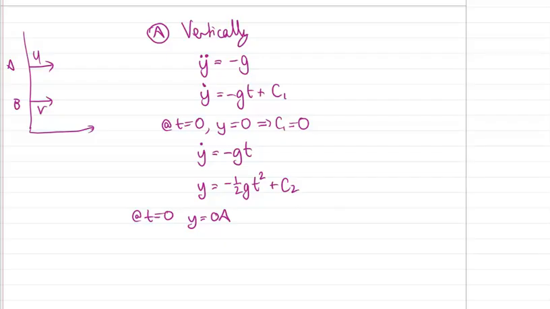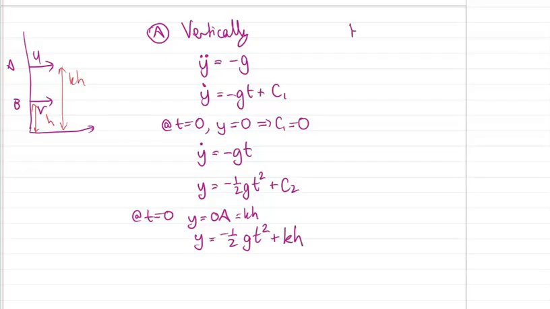Actually, rather than calling it OA, I'd rather introduce another variable. If I call this height h, then I can call this height kh, because I know the relationship between OA and OB. So my equation is y equals minus a half gt squared plus kh.